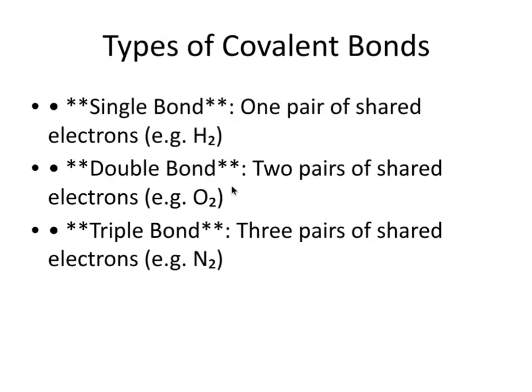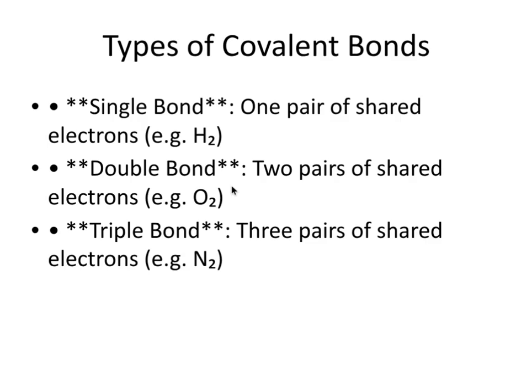So types, we're going to be talking about different types of covalent bonds in this video as well. Single bonds only have one pair of shared electrons. Example H2. Double bond, two pairs of shared electrons. Example O2.